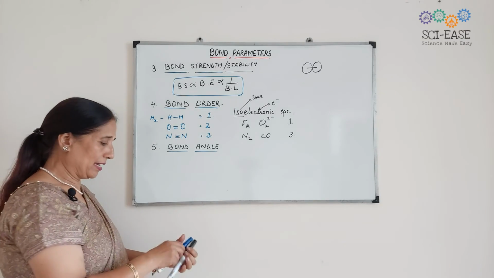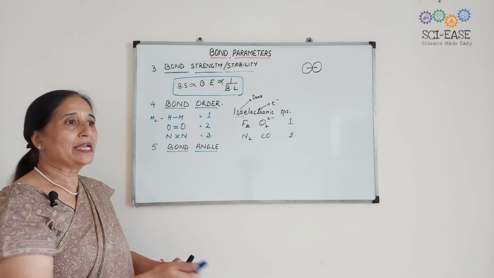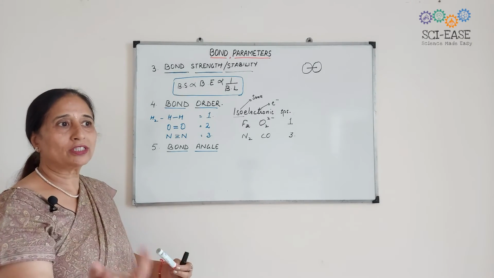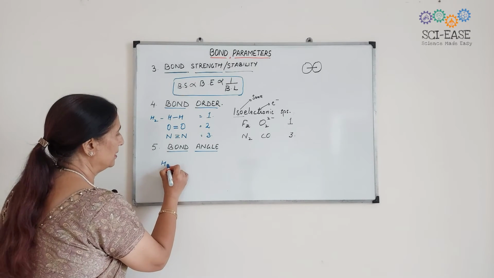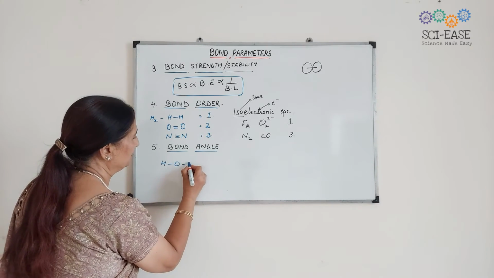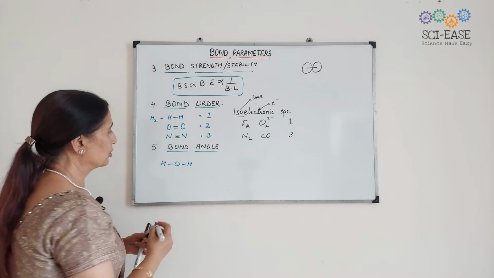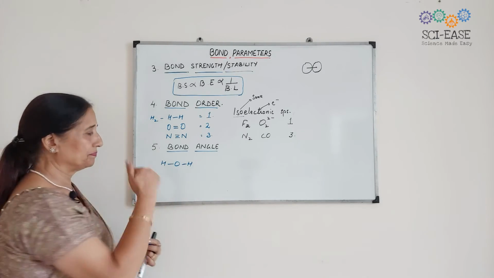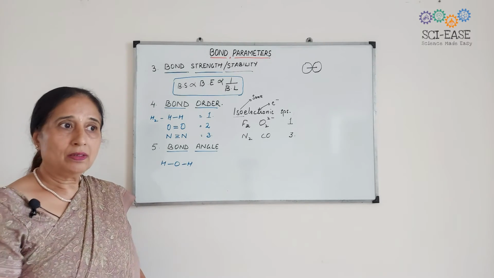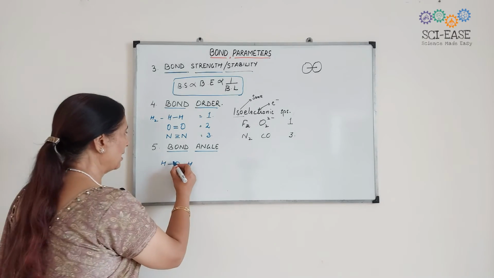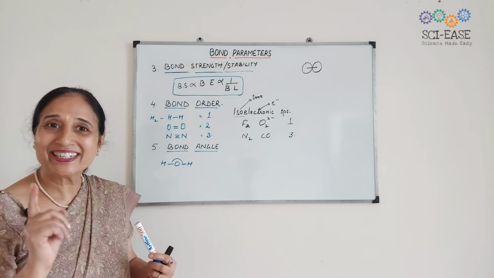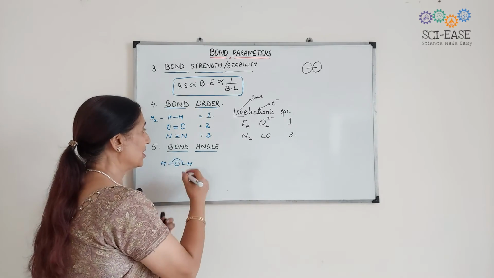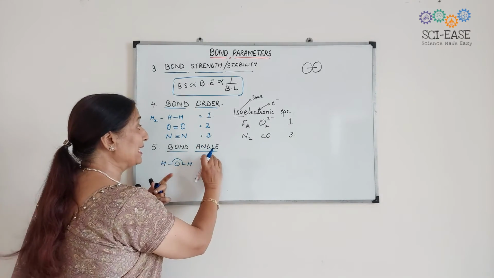So what is bond angle? When I asked a student to draw the structure of water, he wrote it like this. By seeing the structure, we would say that the bond angle should be 180, but this is not the case. So what does bond angle tell us?